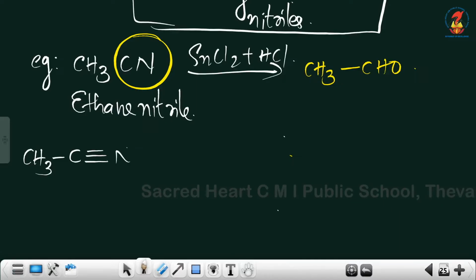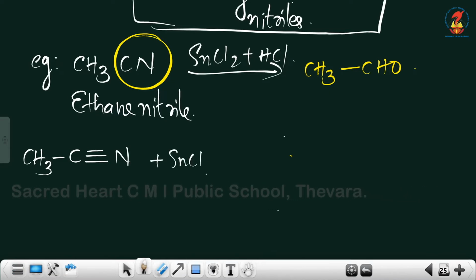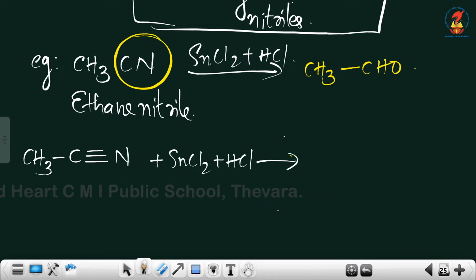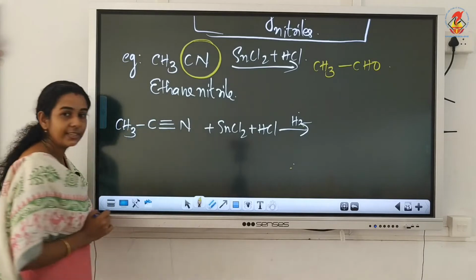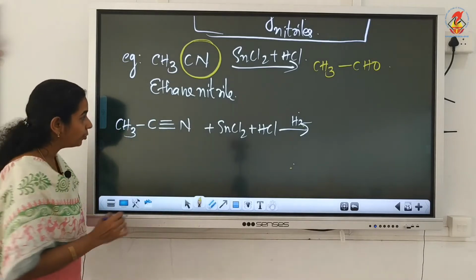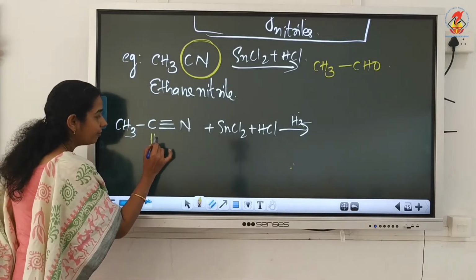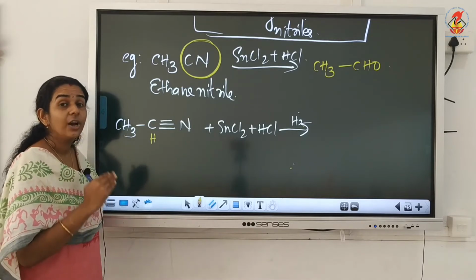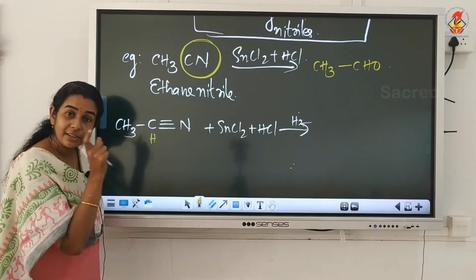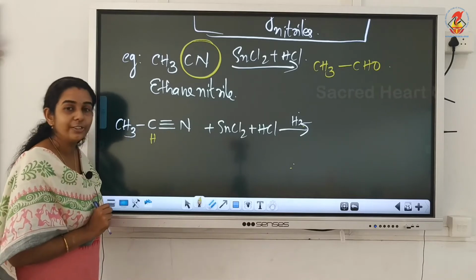It is C triple bond N. On reaction with stannous chloride and HCl, we know that the reaction taking place is reduction, that is the addition of hydrogen. Where is the addition of hydrogen taking place here? Hydrogen is H2, and always remember that we are studying in 11th standard, additions always take place across a double bond or across a triple bond.